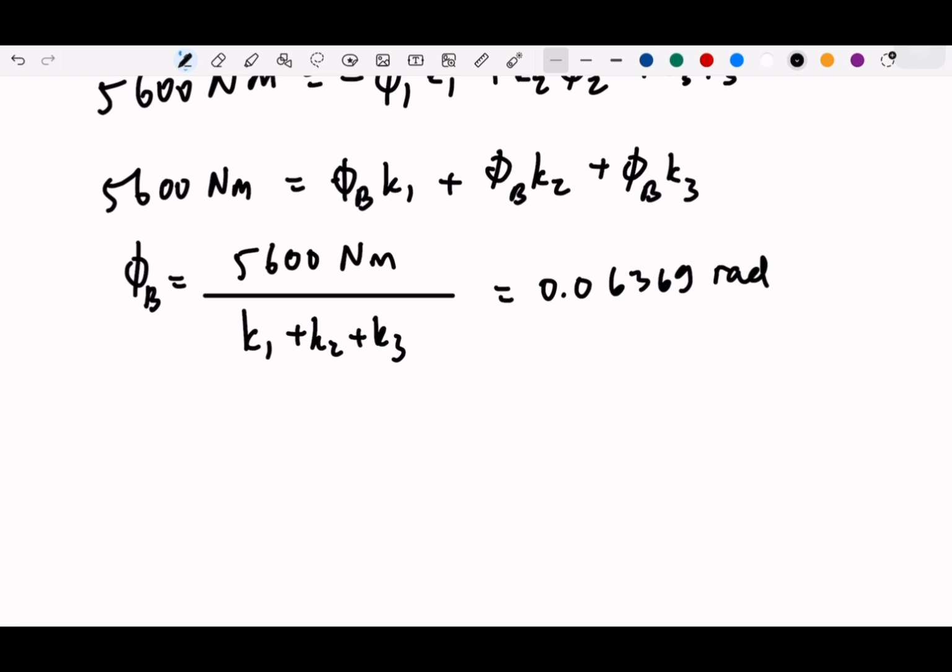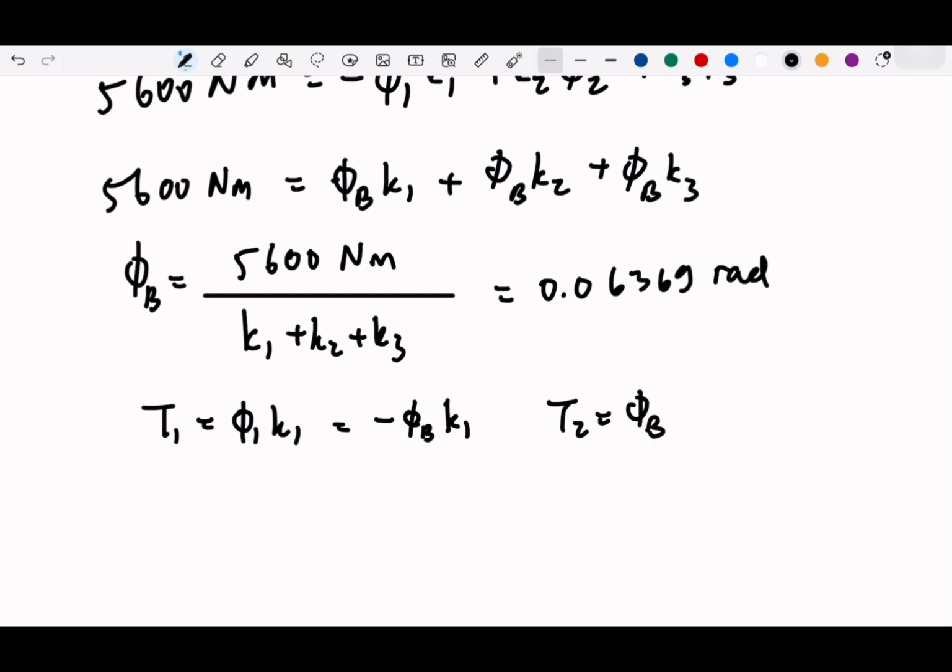And then the same thing we get for T1, and T2, and T3 will be the same. Okay. So now we have all T1, T2, T3, right?